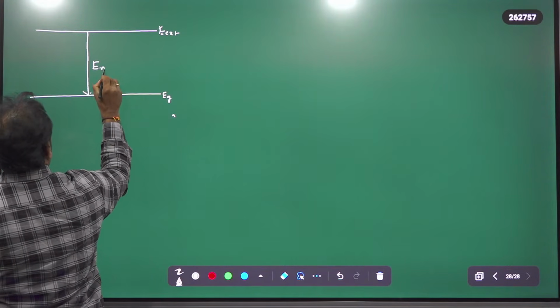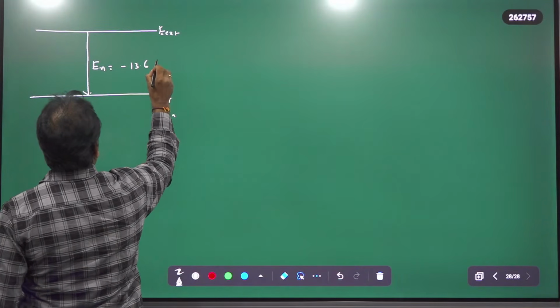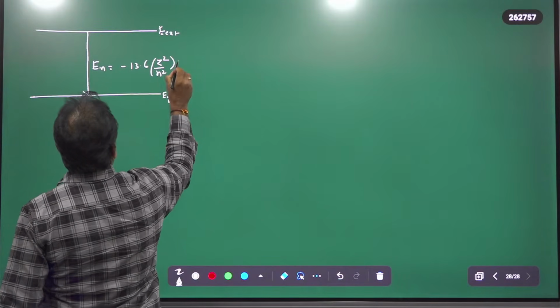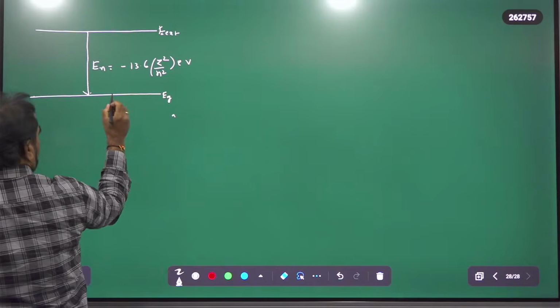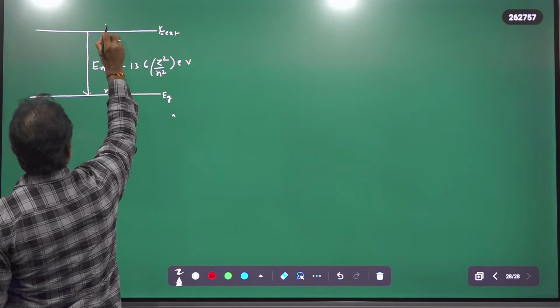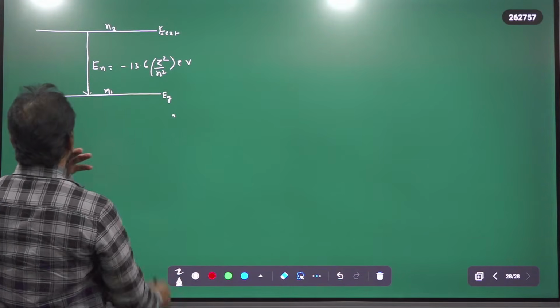En is equal to minus 13.6 into z square upon n square in electron volts. The ground state we can represent as N1, and the excited energy level as N2.